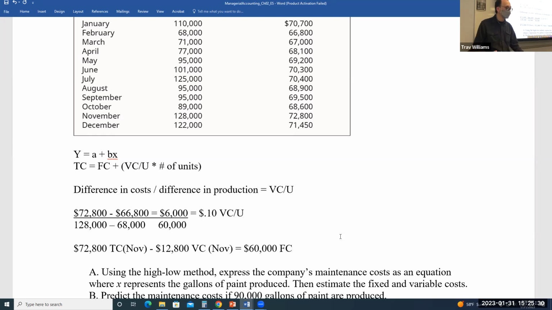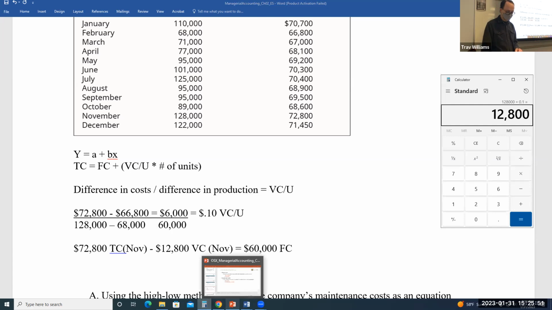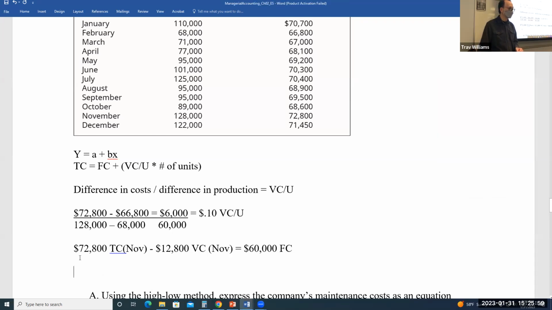Before we do that though, let's just try this out. Like I said, we use the November data, but let's do the same thing with February. We take 10 cents of variable cost per unit times the 68,000 gallons. That's $6,800 of variable costs in February, right?